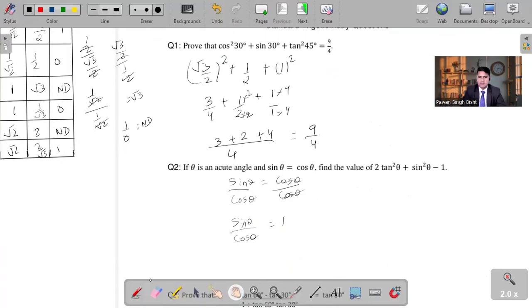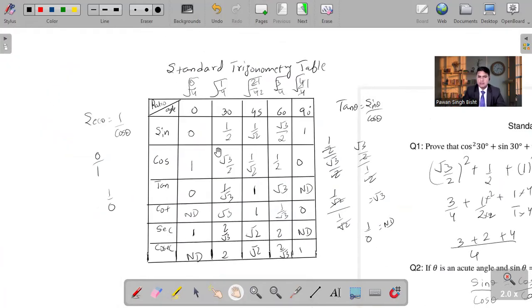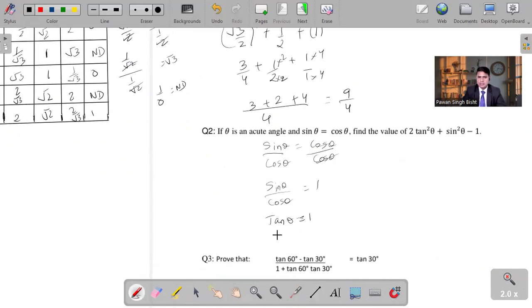So in place of sine theta upon cos theta, we can write tan theta equals 1. Now see for which angle the value of tan is 1. Tan 45 is 1. So basically theta is 45.